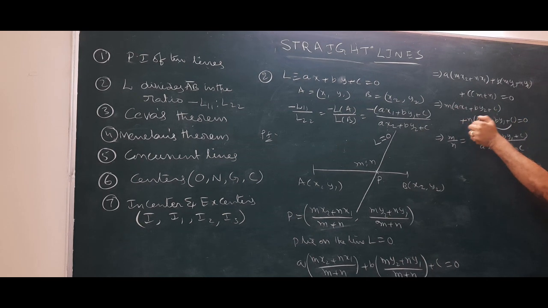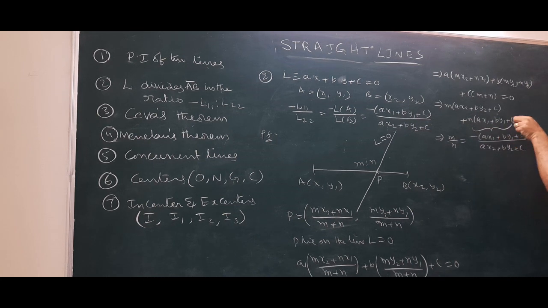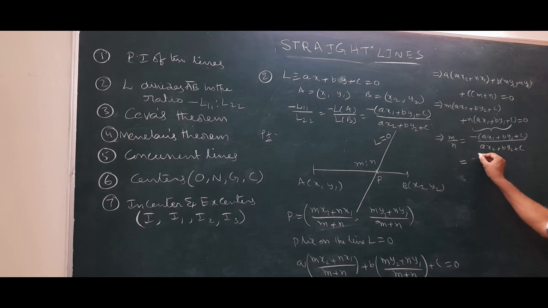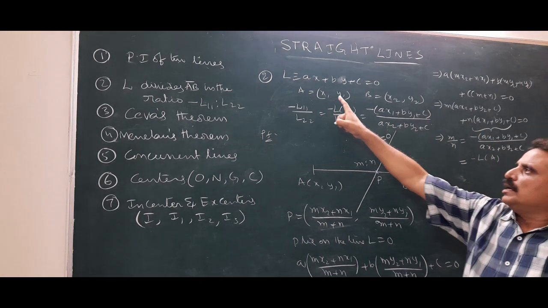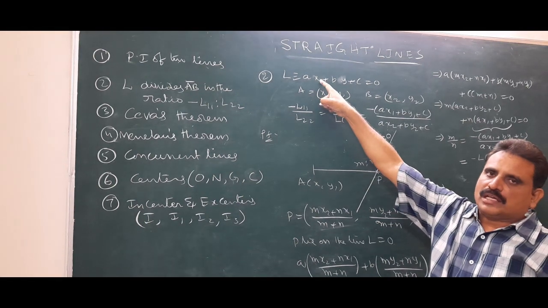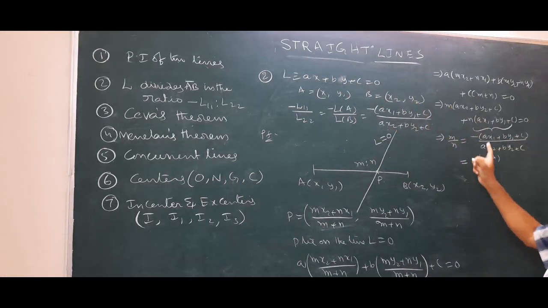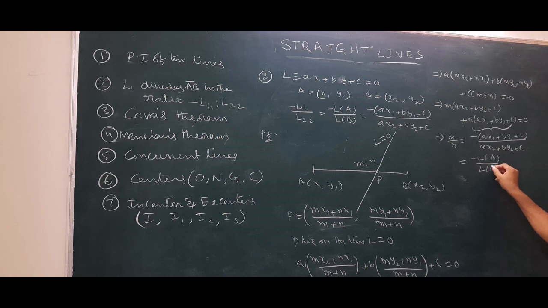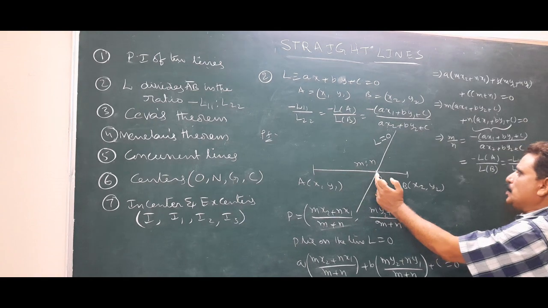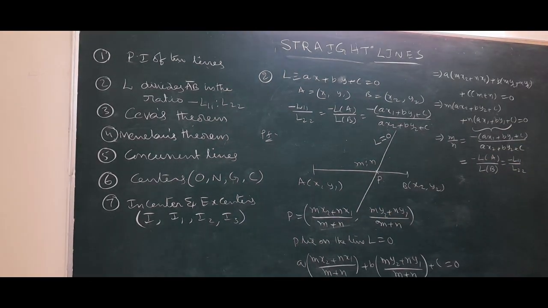Take that side, and n this side: m by n equal to minus of (ax1 plus by1 plus c) by (ax2 plus by2 plus c). That is nothing but minus L of A, where L of A means you substitute A in this line, we get ax1 plus by1 plus c. That is L of A by L of B, which is same as minus L11 by L22. Henceforth, P divides AB in that ratio, minus L11 by L22.